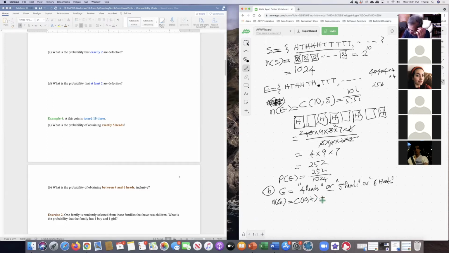And as I explained, the count of a union would be the same as the sum of the counts of each event. So the number for 5, we just did that, C(10,5), plus C(10,6). Then you have to simplify that and divide by 1024 to get the probability.